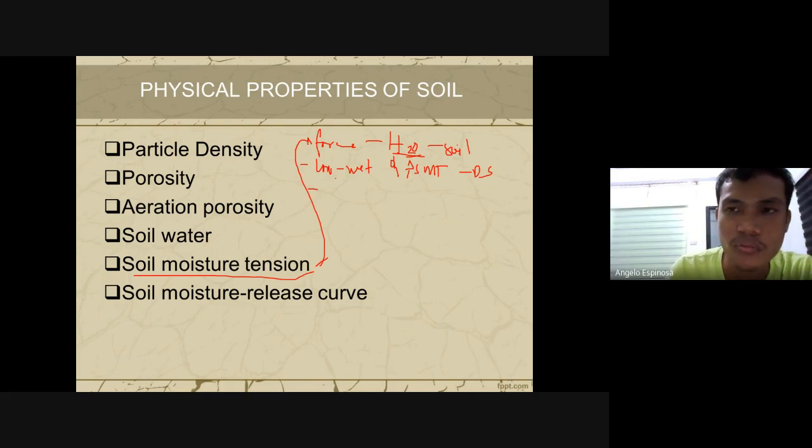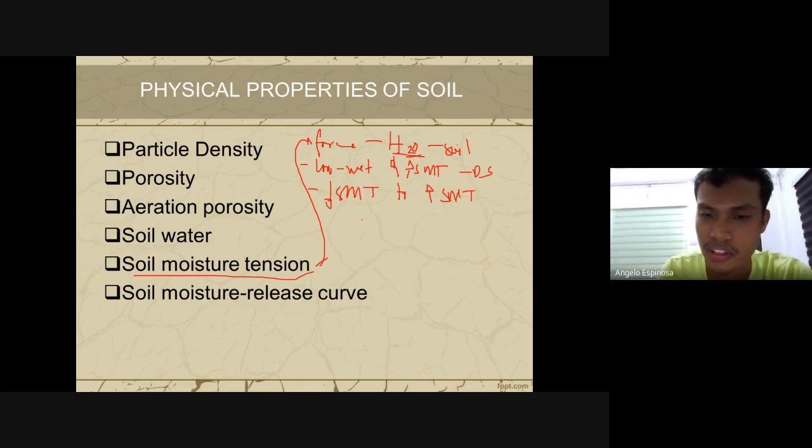And also the soil moisture moves from a zone of low SMT to a zone of high SMT. So the soil moisture moves from low SMT to higher SMT, meaning from a wetter to a drier portion of the soil.